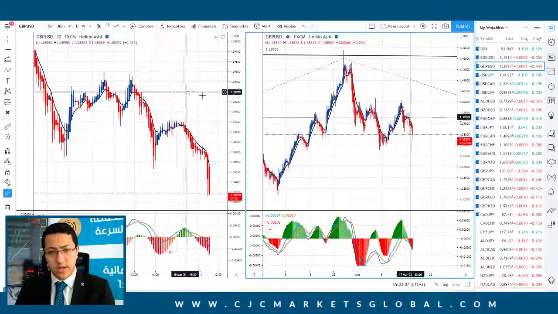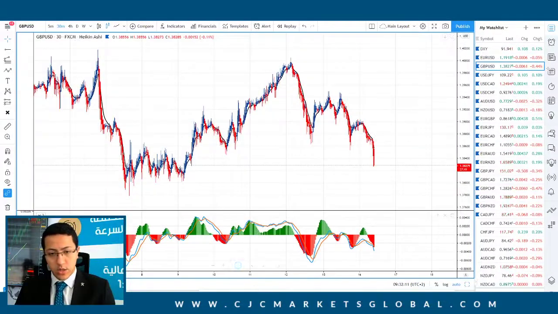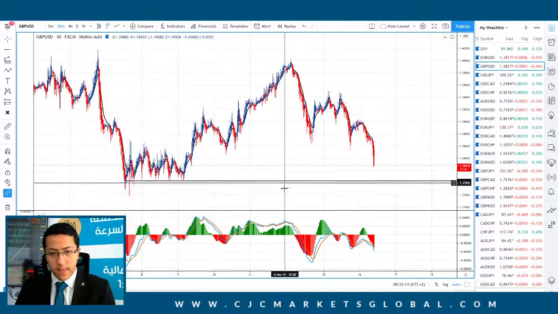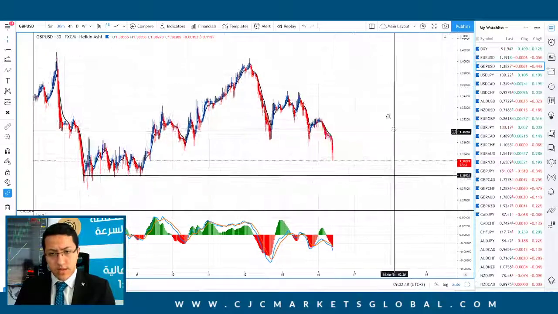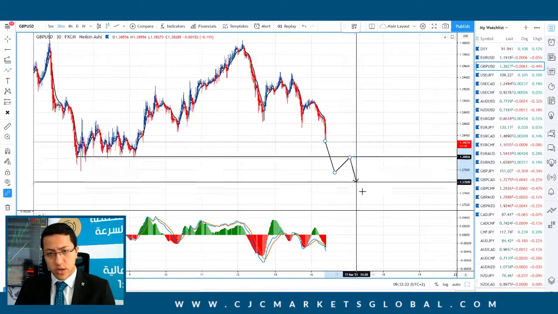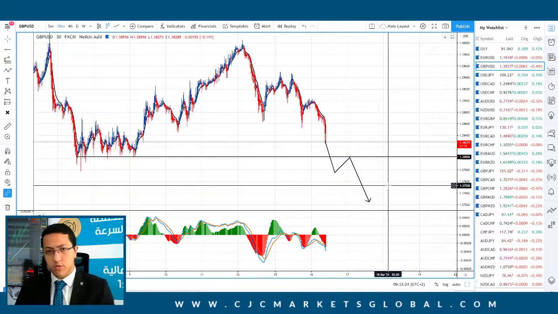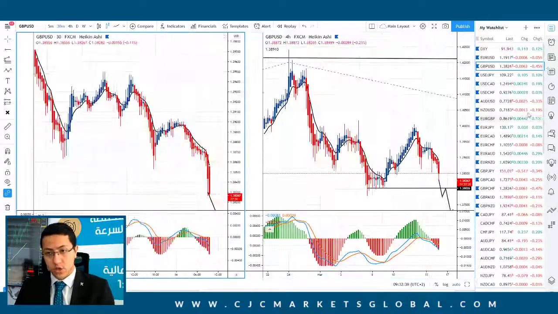So what we're having today on the pound dollar is that we will be retesting those lows of 1.38 roughly. We are expecting a move downside, and the best scenario is to break below, retest, and we will be continuing the move to the downside.